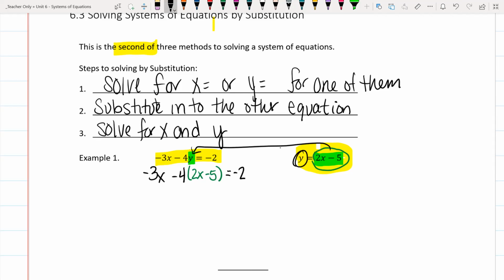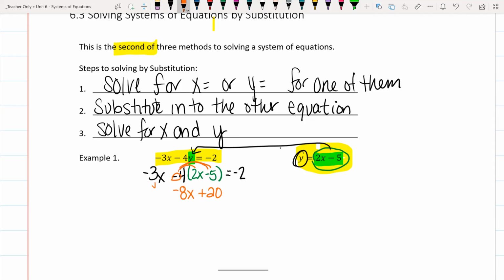So now we can solve this equation for x, okay? So thinking back on how to solve equations, first thing we want to do is to distribute this -4 to everything in the parentheses. So -4 times 2 is -8x. -4 times -5 is a positive 20.